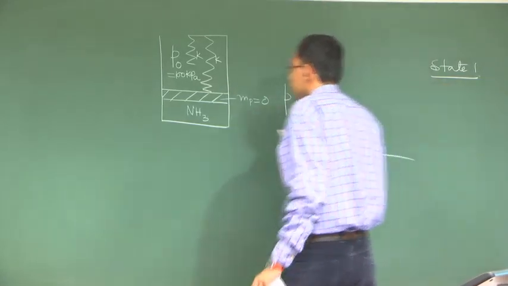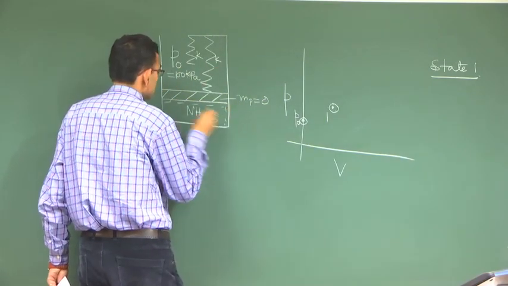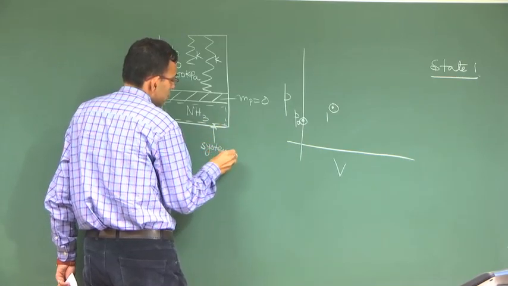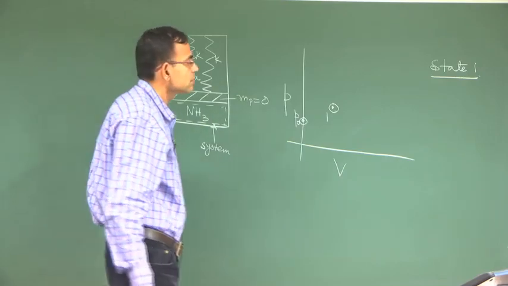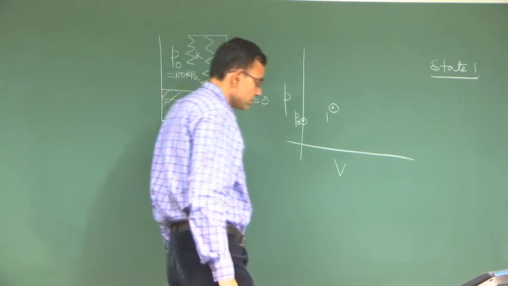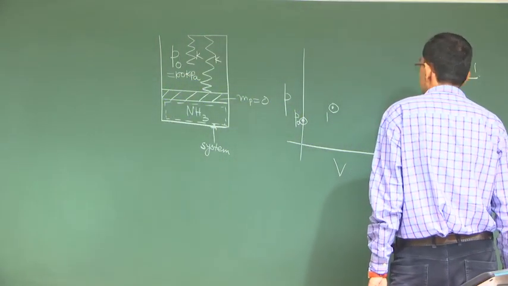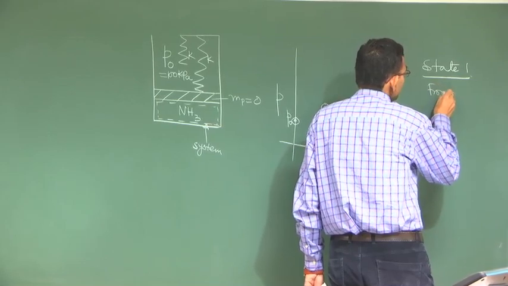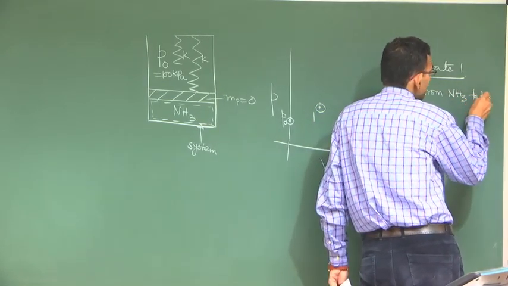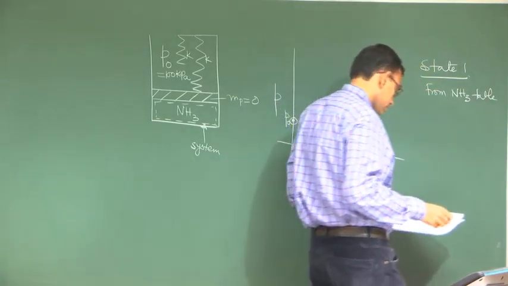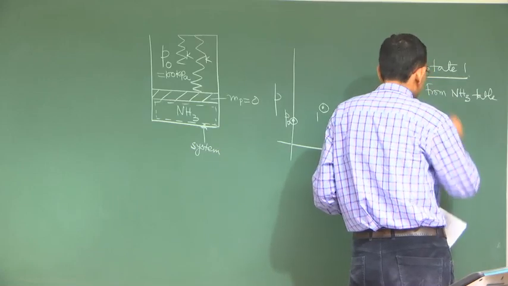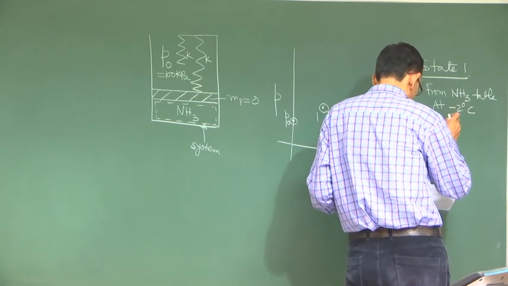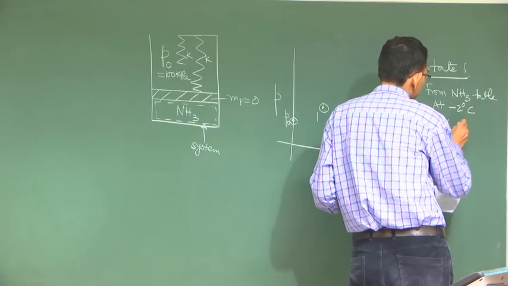At state point 1 the system is ammonia. From the ammonia table, just like the water property table you have an ammonia property table, at minus 2 degree centigrade, which is the initial state, you get what is Vf and what is Vg.